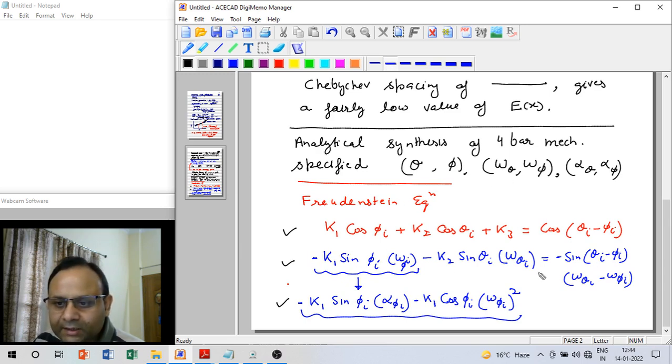Again there are actually only two unknowns, k1 and k2. And similarly, for the third equation, you will have two unknowns, k1 and k2. So effectively, you have three equations and three unknowns, k1, k2, k3, and all these equations are linear. So these can be solved.